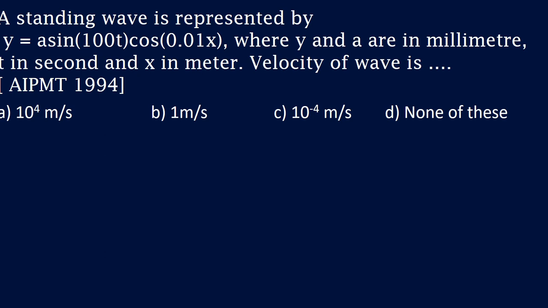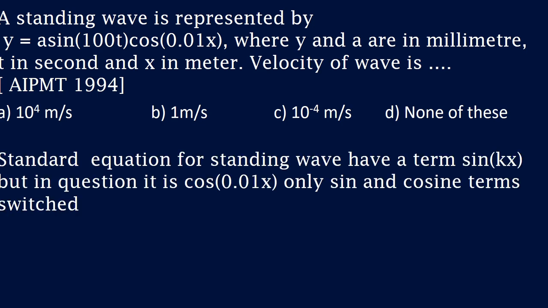In this given problem, the wave is not propagating but standing, as the sine and cos terms are in multiplication, but sine and cos have switched their position. So cos(0.01x) will be the part of the amplitude, while in our standard equation it is sin(kx).